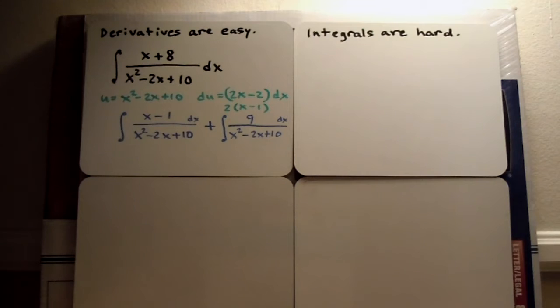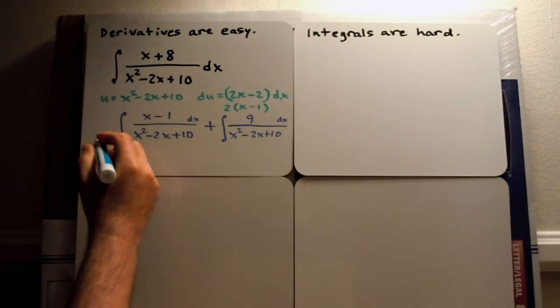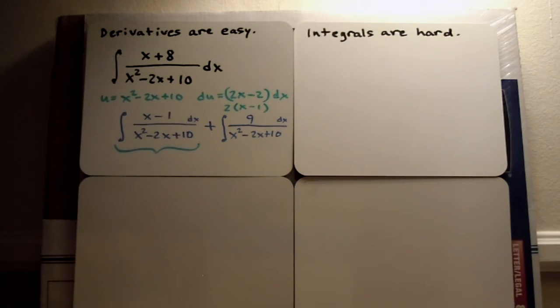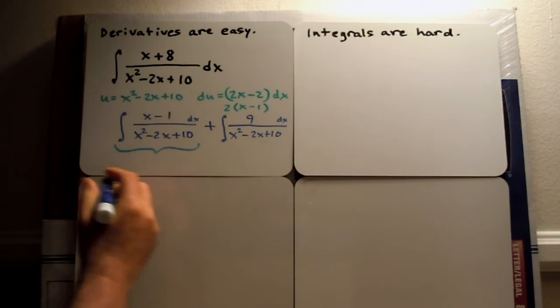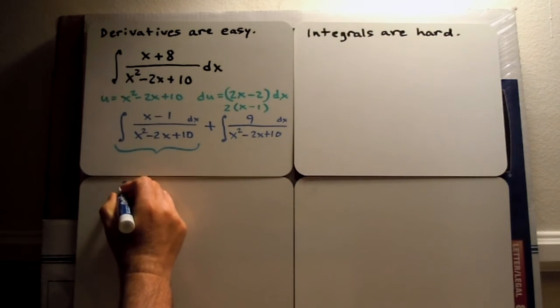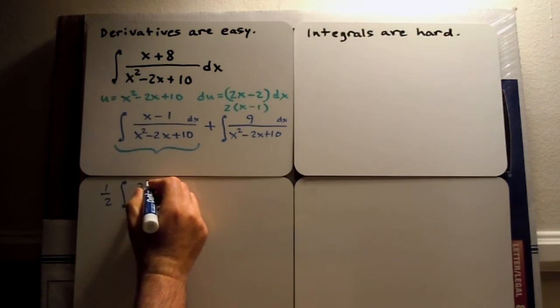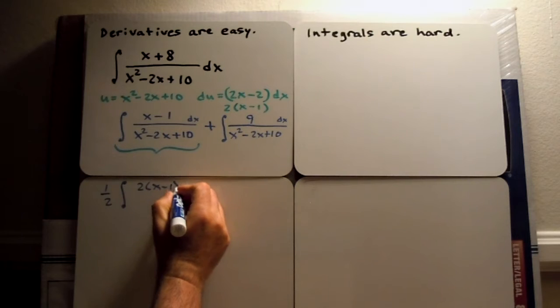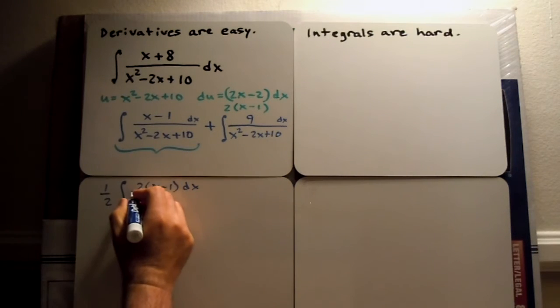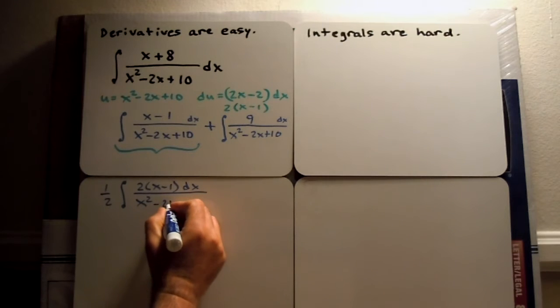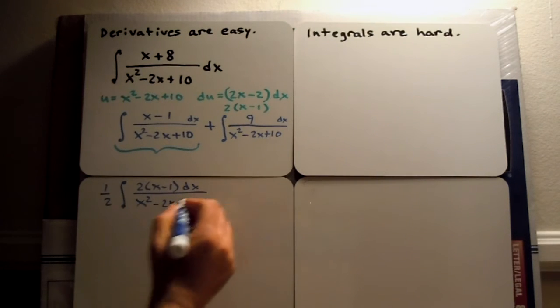And so with this first integral, what we can do is multiply that by 2 and compensate with 1/2. 2 times x minus 1 dx over x squared minus 2x plus 10.